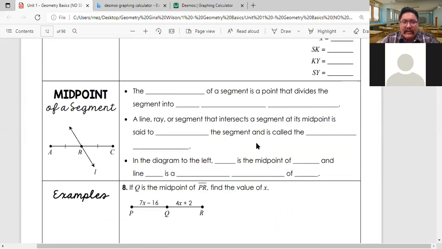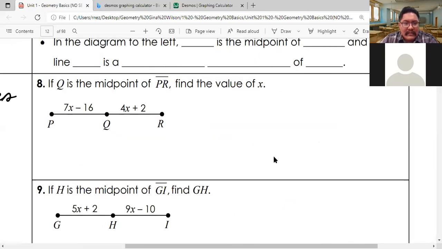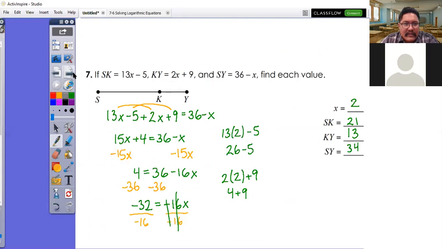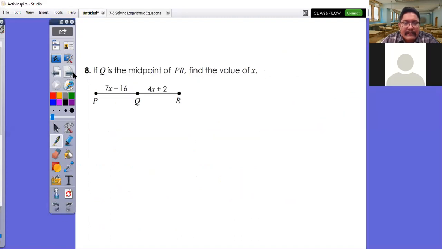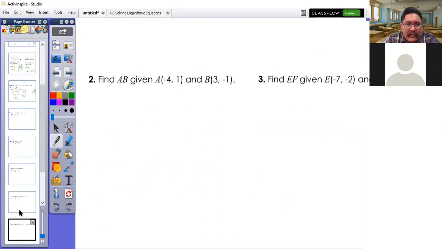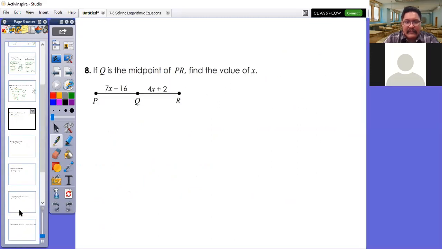Okay, this is the one we're looking at, but what I want is this number here, because we're going to work on it together. I would prefer to work on it together whenever I can. Let's go back over to the work page. So there's 7. It looks like it's already there. 7, 8, 9, 10, 11, and then it goes to a new problem. So I guess we have enough to finish this out.